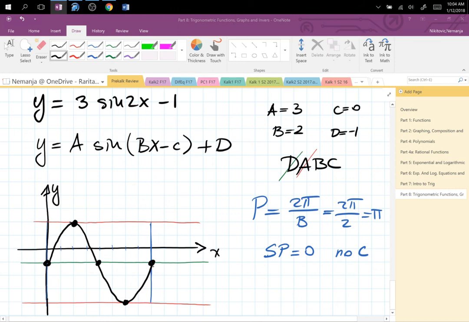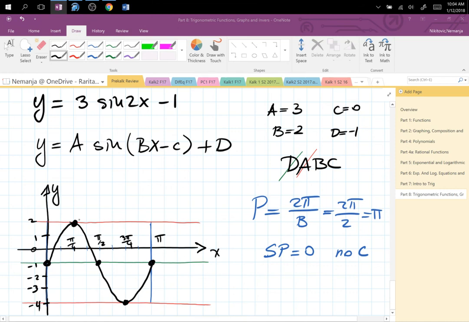Label points. Now, since the end is pi, then halfway is pi over 2, then halfway is pi over 4, and 3 pi over 4. So what are the points? I have my 1, 2, 0, -1, -2, -3, and -4.